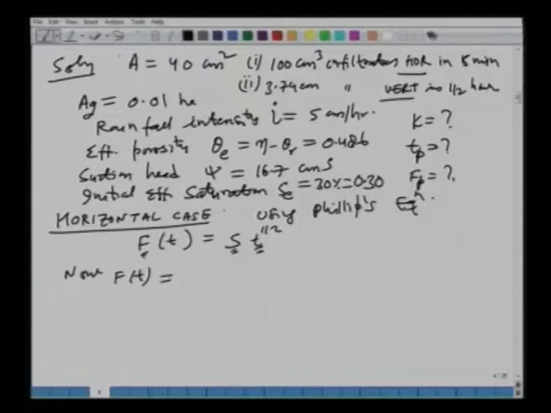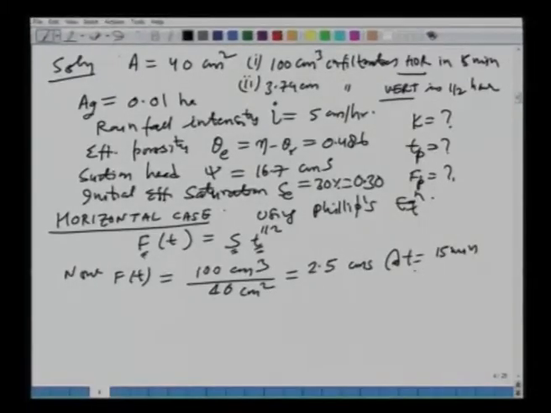If we do that using the data for the horizontal case, we know what is F of T. It is nothing but 100 centimeter cube of water infiltrates, and we divide it by the cross sectional area of the sample, so that we have the infiltrated water in length units. So, it will be 2.5 centimeters at t equal to 15 minutes, and let us convert everything into hours. So, 15 minutes will be 0.25 hours. We put these values, and let me say that this is my equation number 1.